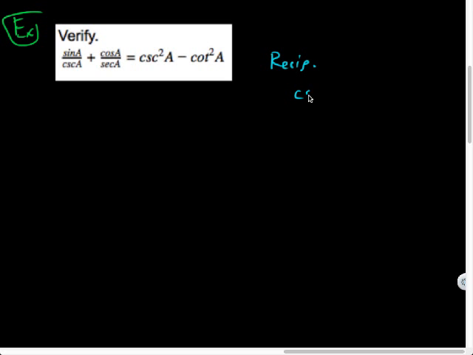So let's use some reciprocals. Cosecant A is going to equal 1 over sine A. And secant A is going to equal 1 over cos A. If you're talented enough, I'm plugging in 1 over sine A here, I could just straight up multiply by the reciprocal. If you're brave.